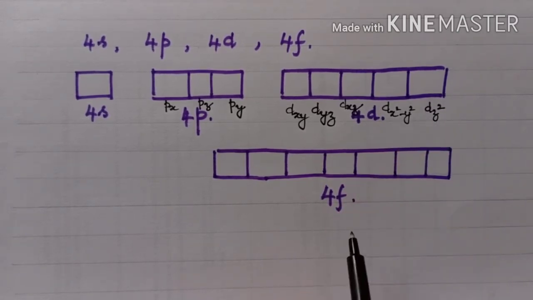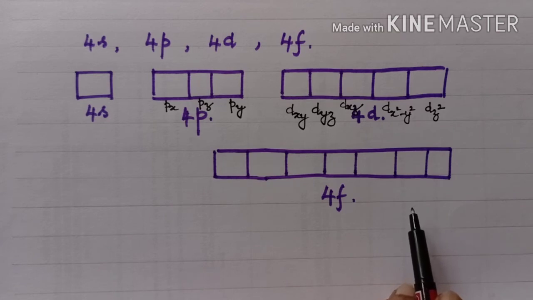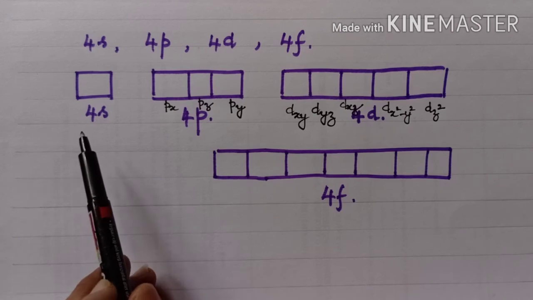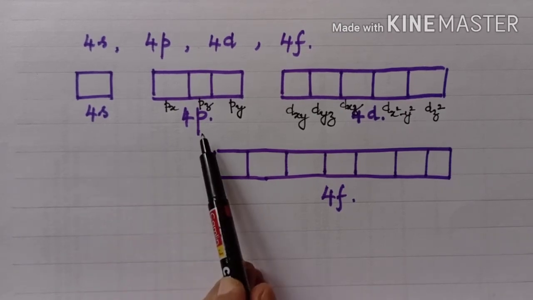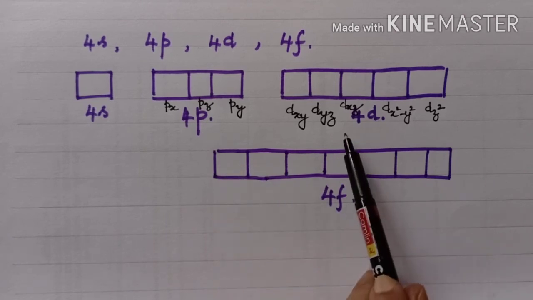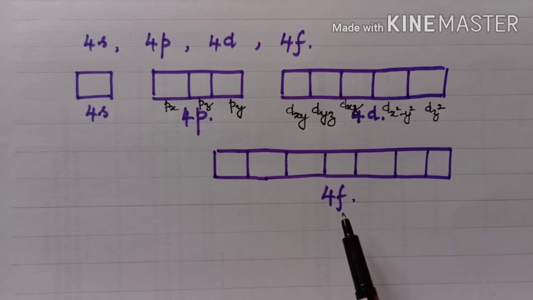And for f orbitals, all we know is that there are 7 different types, which have a complicated structure. Coming to the shapes, s orbitals are spherical, p orbitals are dumbbell in shape, d orbitals have double dumbbell shape, and f orbitals have a lot of lobes which are difficult to show on two-dimensional paper. So we say that it has a 3D structure.